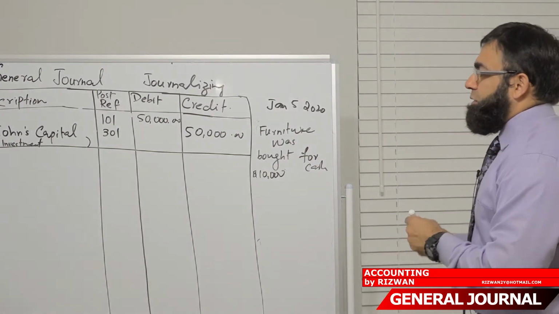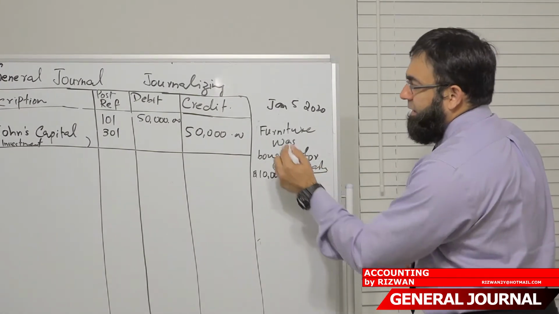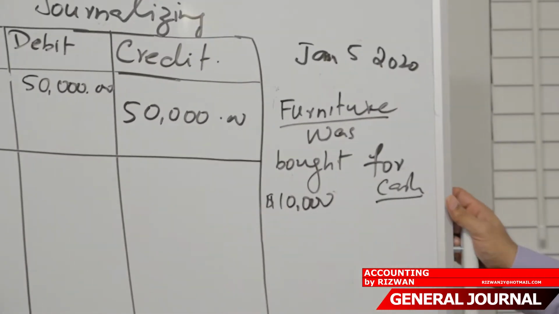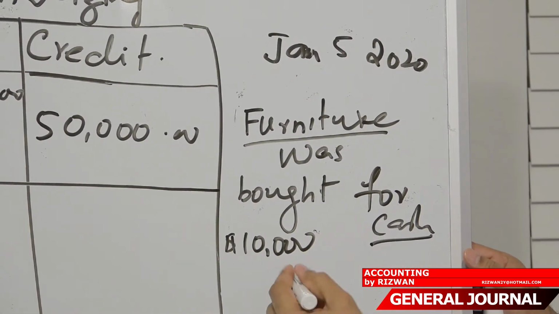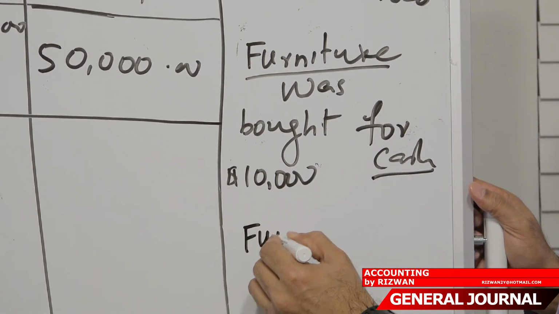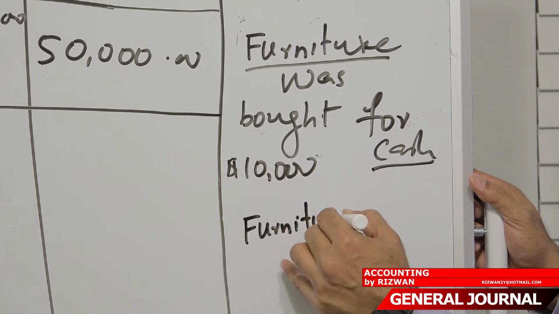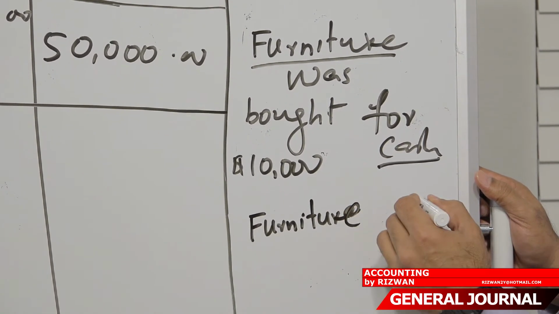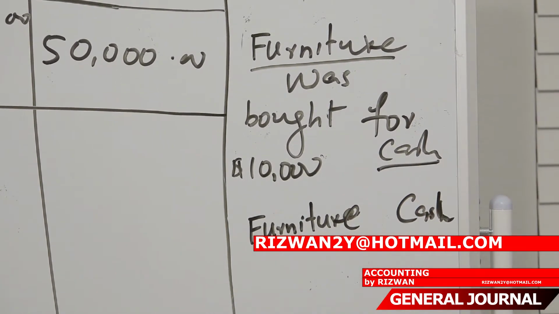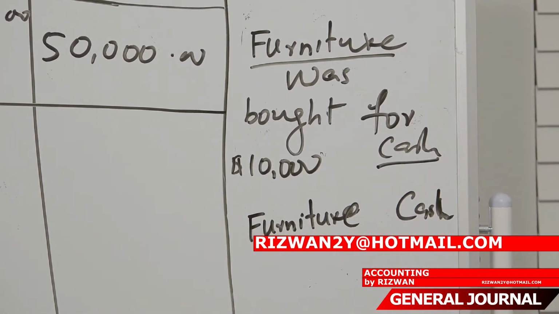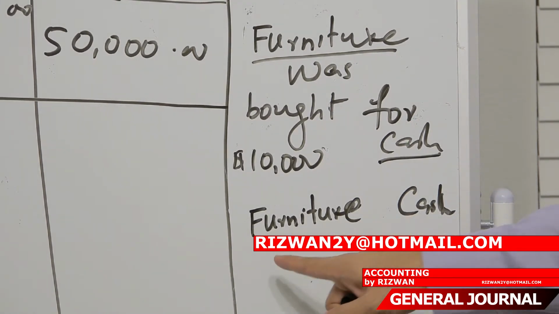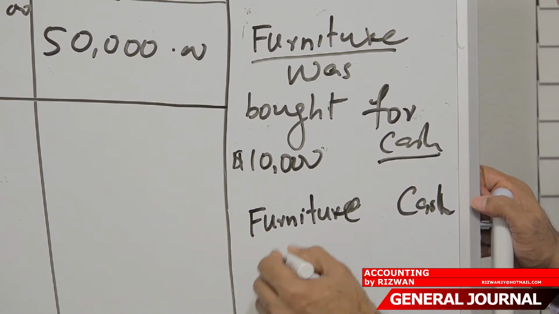So what will happen? You paid cash and got furniture. First of all, you'll say furniture was bought, so the accounts furniture and cash will be affected.